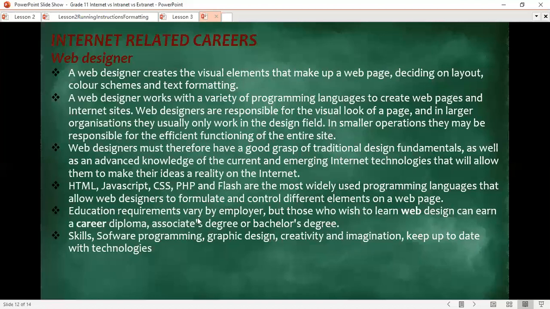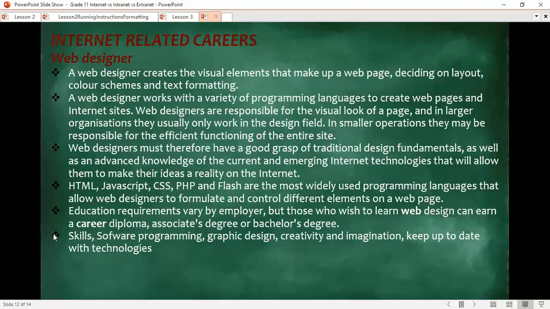Educational requirements vary by employer, but those who wish to learn web design can earn a career diploma, associate degree, or bachelor's degree. So those are the educational requirements that you may need, depending on the needs of the employer. So you may have a diploma, associate's degree, or a bachelor's degree.